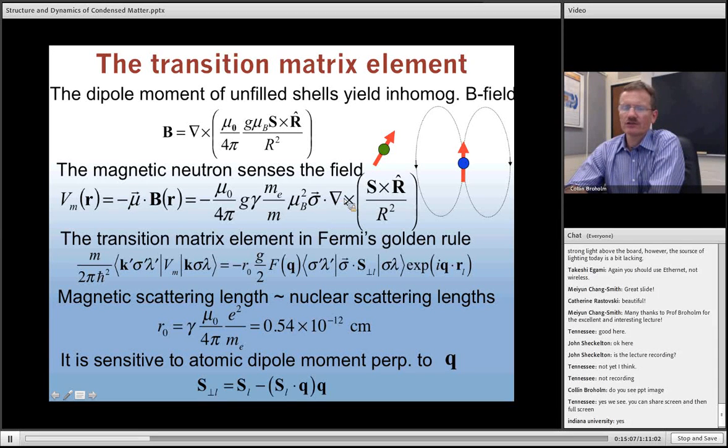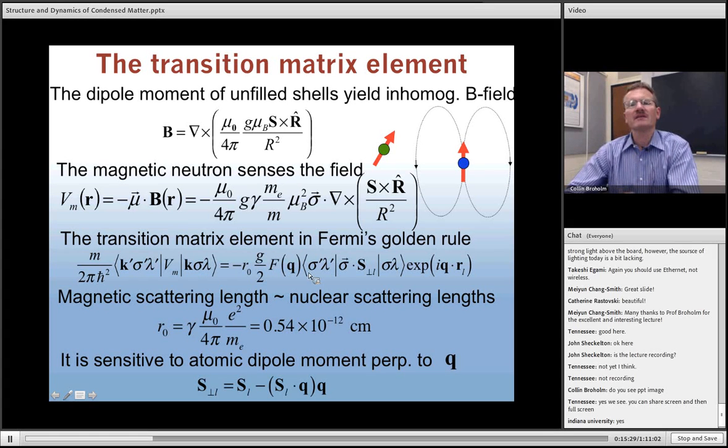It becomes like a Q cross. And as a result of that, in this transition matrix element, we find that we are sensitive only to what we call the transverse component of the dipole moment.